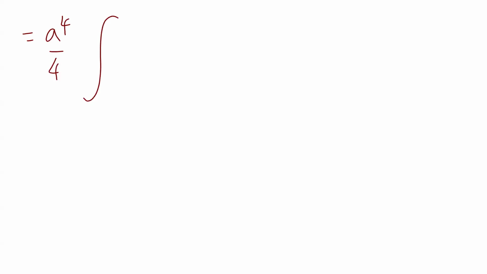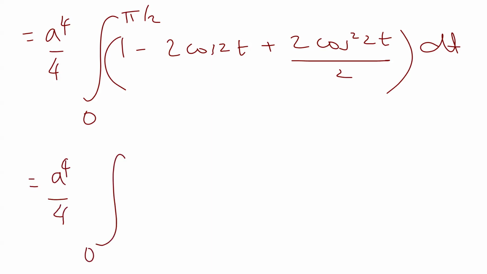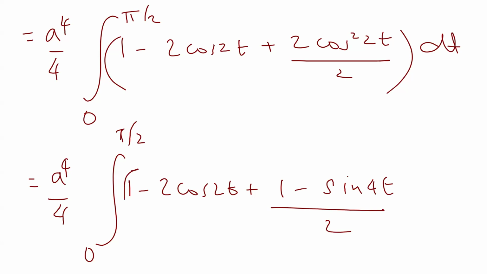A raised to 4 by 4, 1 minus 2 cos 2t, plus 2 cos square 2t by 2, multiplication and division by 2 because it's a square. A raised to 4 by 4, 0 to pi by 2, 1 minus 2 cos 2t plus 1 plus cos 4t upon 2. Okay, so I use the half angle formula over here.